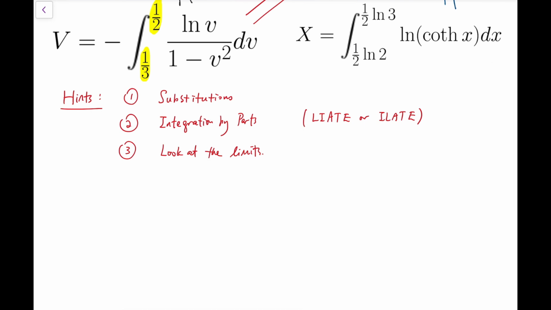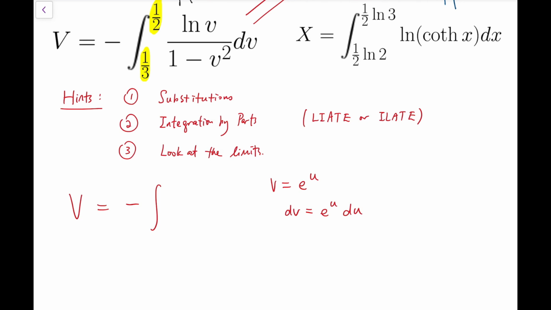Now, as suggested just now, from the integral v, I can say that it's equal to, by rewriting v equals e to the power u, and then of course you can say that u equals log v, and for the differentials we have dv equals e to the power u du.